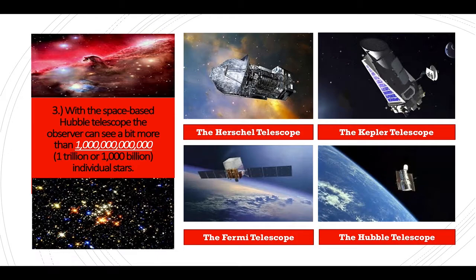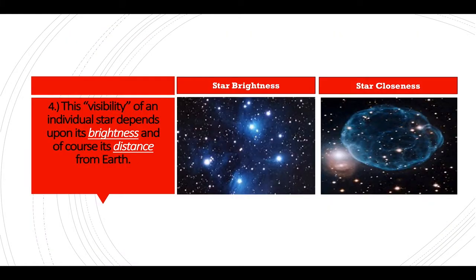And it's well on into its life, but everywhere they point at a dark spot long enough, like a time exposure, we find out there's many, many more stars. So they're looking at about 1 trillion. And we also see some of the more recent generation, the Herschel telescope, the Kepler telescope, the Fermi, and Hubble. So these are all named after famous astronomers or scientists.